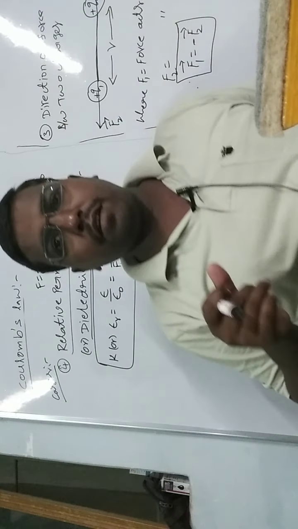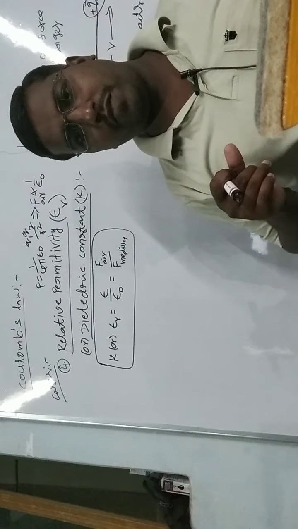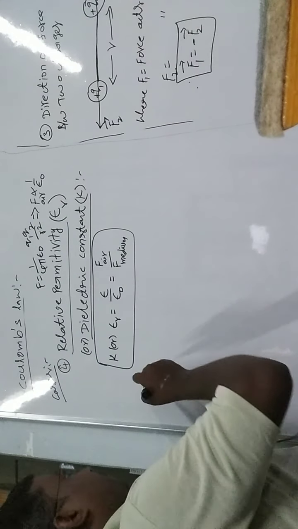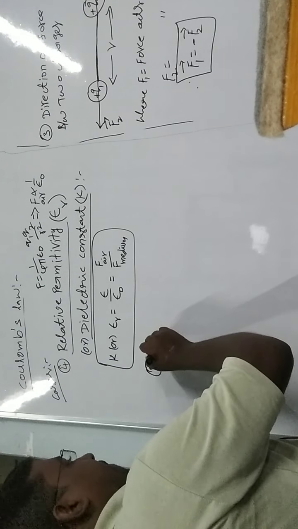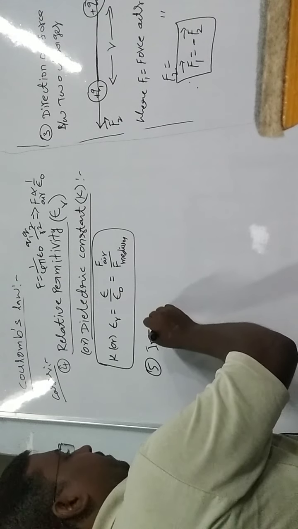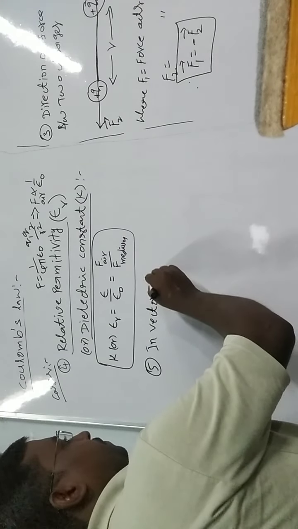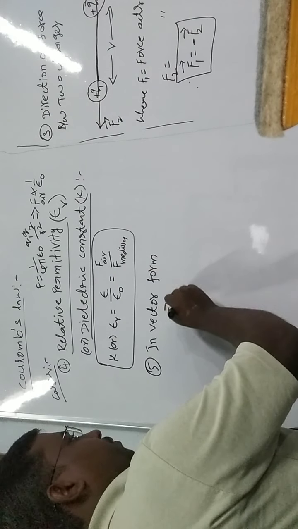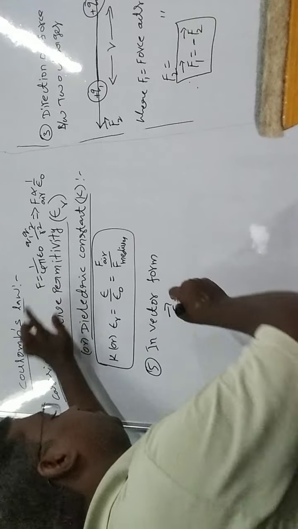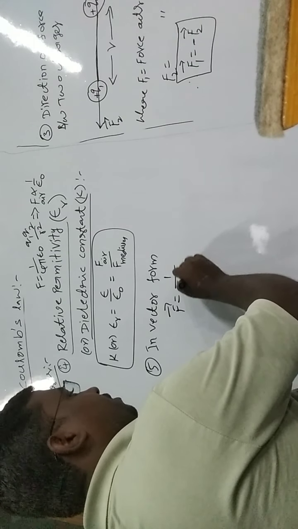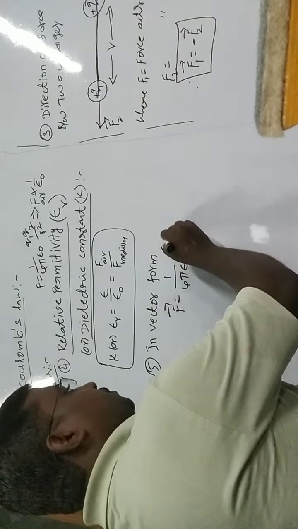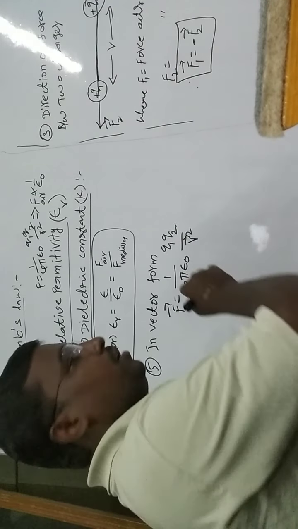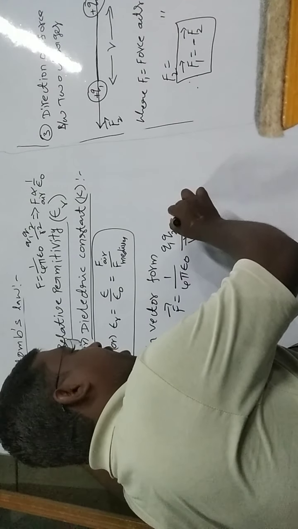Next, what is the vector form of Coulomb's inverse square law for two charges? In vector form, F bar equal to 1 by 4 pi epsilon naught into Q1 Q2 by R square, that is R bar square, and we write R cap.